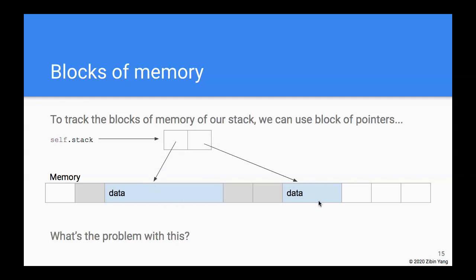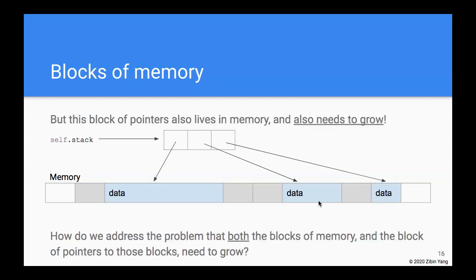Now, there is a problem with this though. Can you see it? Well, the problem is, this block of pointers also has to live somewhere in the memory. And as we allocate more and more blocks of data, this block of pointers itself also has to grow. We are back to our original problem that we still need to find a way to grow this block of pointers.